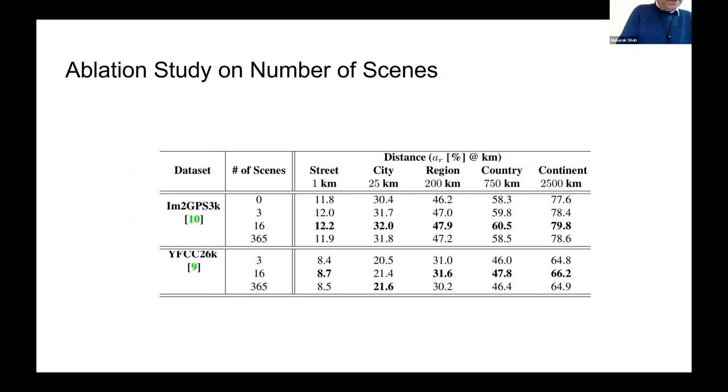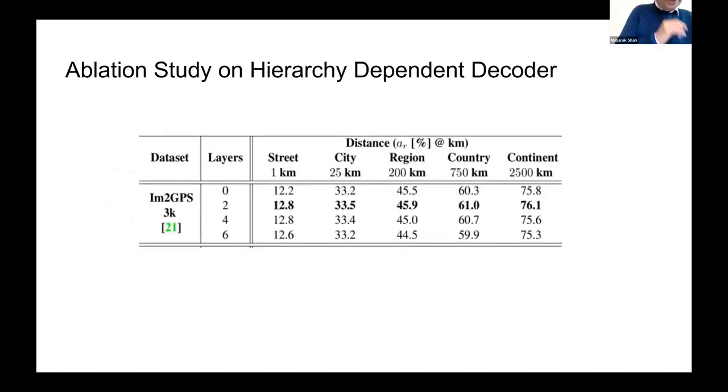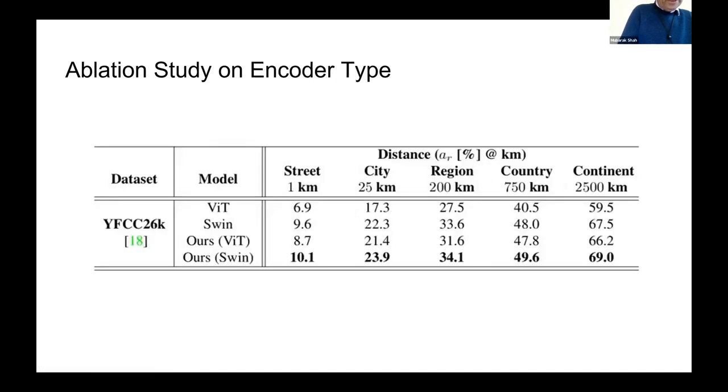On this other data set, we also did the number of hierarchies on the different layers of this dependent decoder. And this is the ablation on encoder type. We did it with ViT, Swin, and ours with ViT and Swin. The way we use it, we do better with Swin.